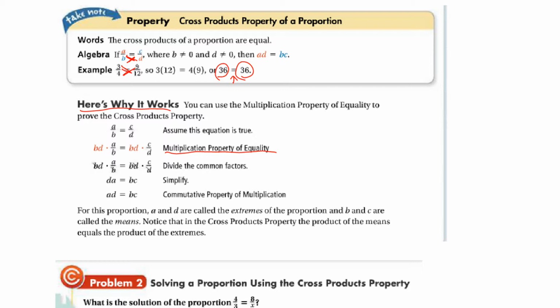Then we end up with AD equals BC. In the proportion, A and D are what we call the extremes of the proportion, and B and C are what we call the means. So the product of the means equals the product of the extremes.